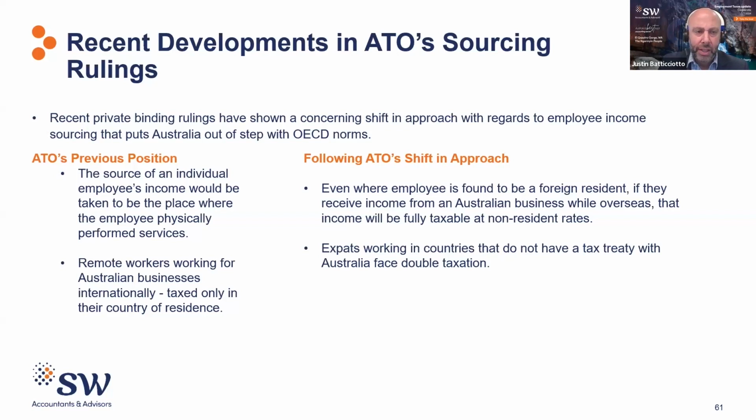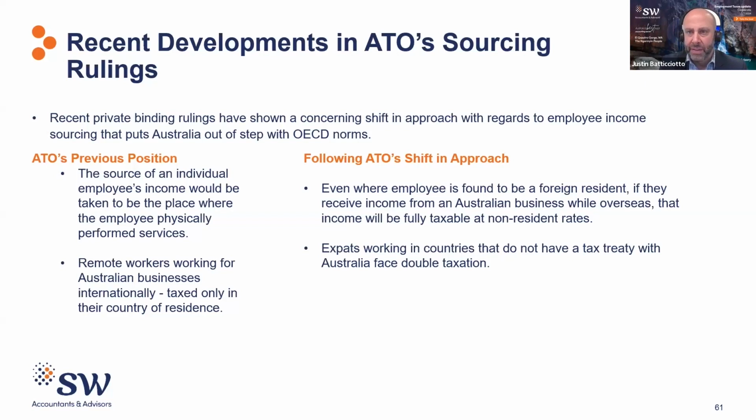More importantly, in recent time, we've seen some private binding ruling decisions from the ATO that have taken a shift in their approach in determining source, which is really out of step with the OECD norms. So historically, the ATO's position, whilst there are key factors that we look at in determining source, one of the key factors is where is the individual physically performing those services.